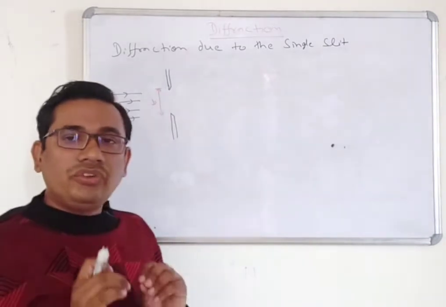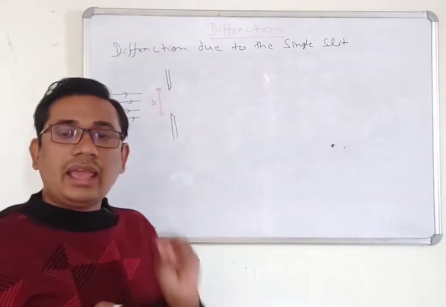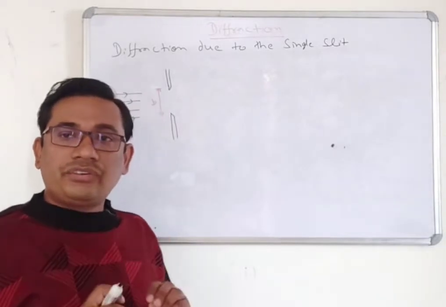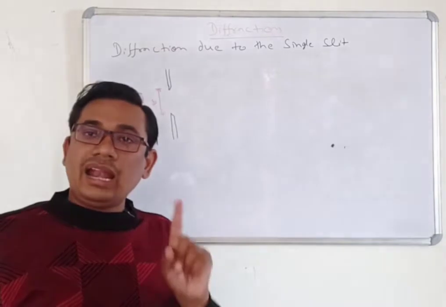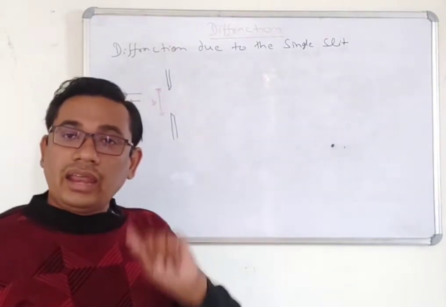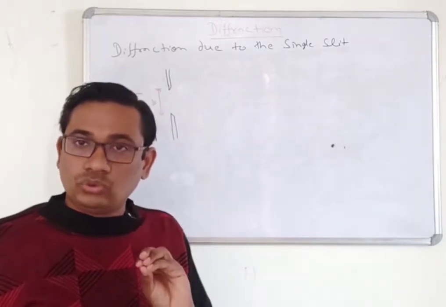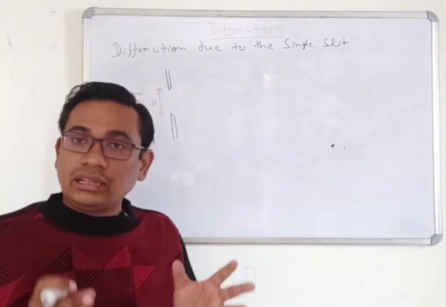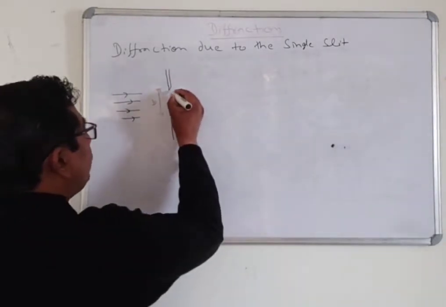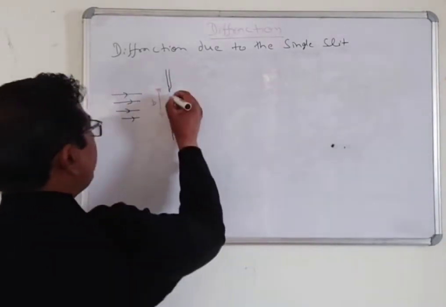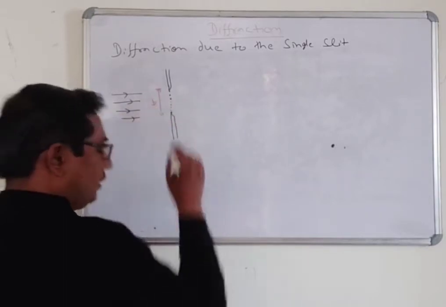All of you know very well that every wavefront has secondary wavelets, and every secondary wavelet behaves as a source. They will generate another wavefront. Suppose that here there will be wavefront points A1, A2, A3 up to AN.